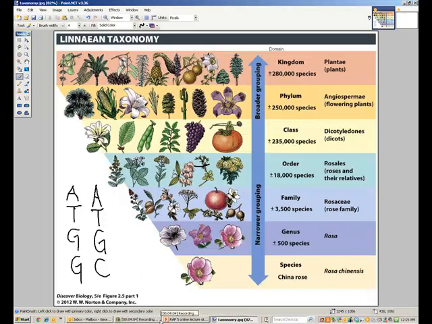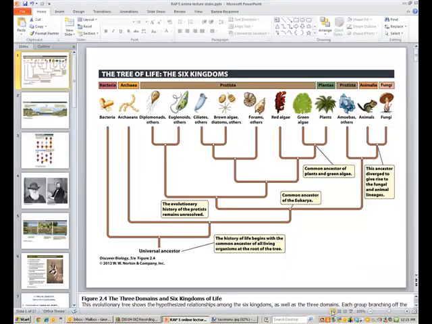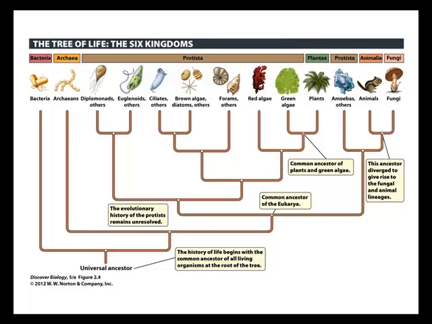You can also look at something called a tree of life. So here is the tree of life that is in your book. This is really broad. This literally contains every known organism on Earth in it. And so you start up at the top, and you can see the 6 kingdoms. So here you have bacteria and archaea. Both of those are prokaryotic.